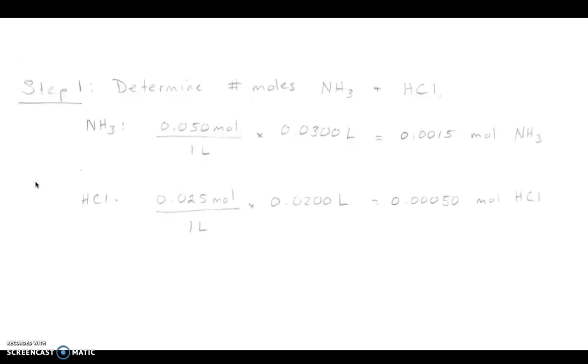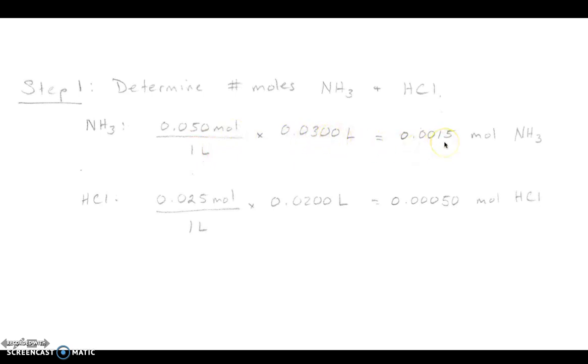The first thing we need to figure out is how much stuff is reacting. We need to figure out how many moles of ammonia I have and how many moles of HCl or hydronium, however you want to think about it. For ammonia on the top line, I have my 0.050 molar, written out explicitly as moles per liter, and my 30 mL written in terms of liters.